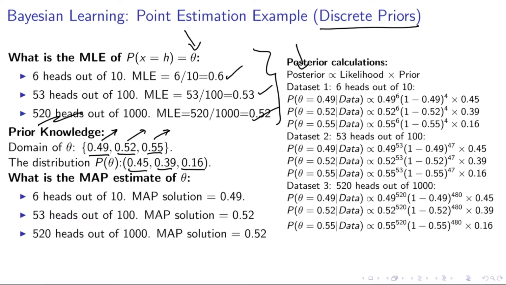Let's see what this posterior looks like. As I said before, posterior is directly proportional to likelihood times the prior. If you remember, the likelihood function for this coin example is theta to the power of the number of heads in the data times 1 minus theta to the power of the number of tails in the data.